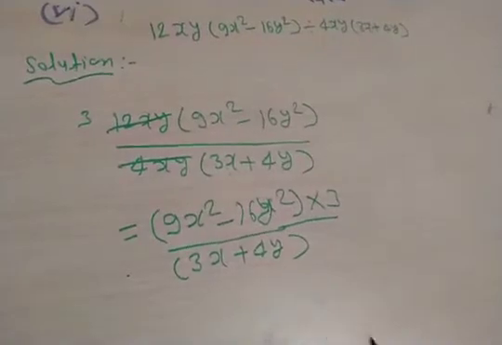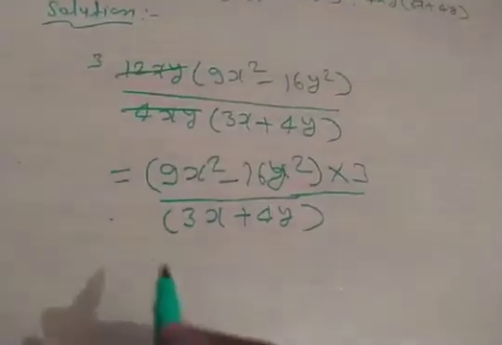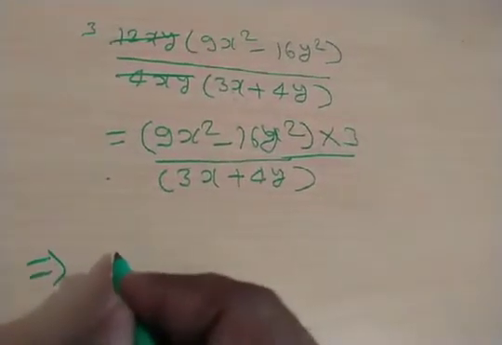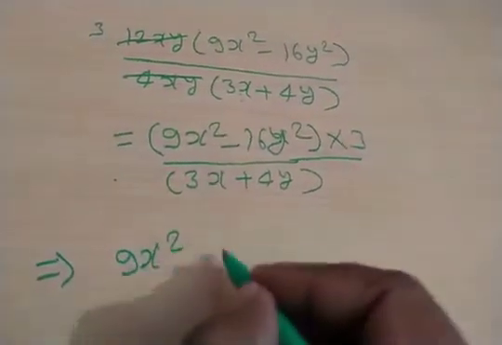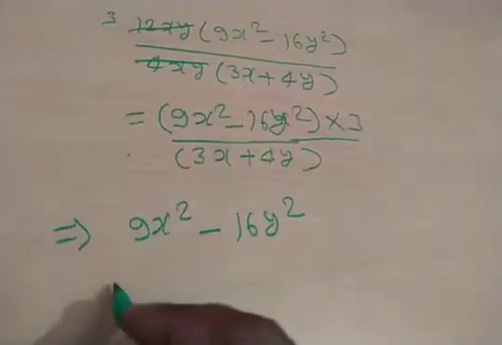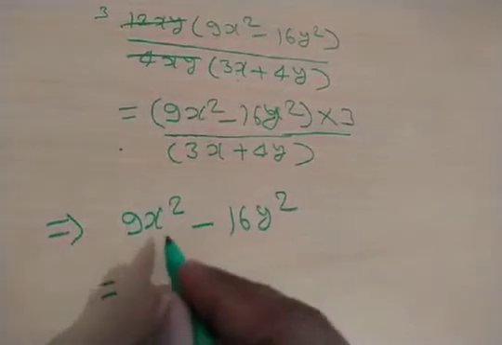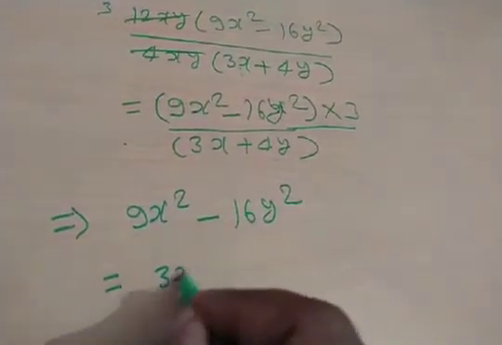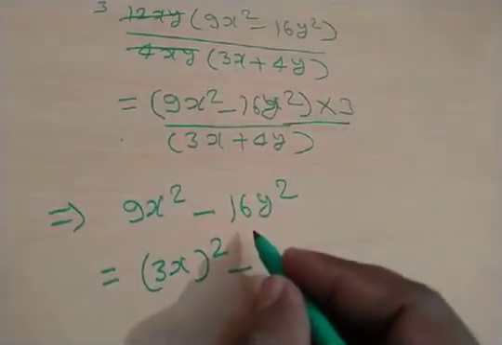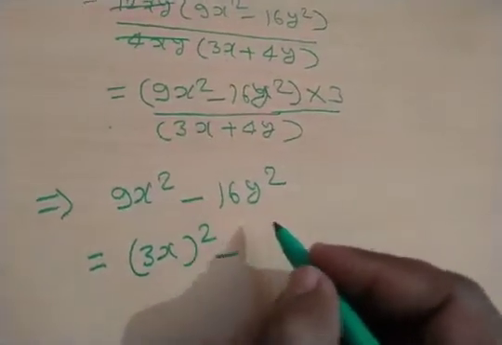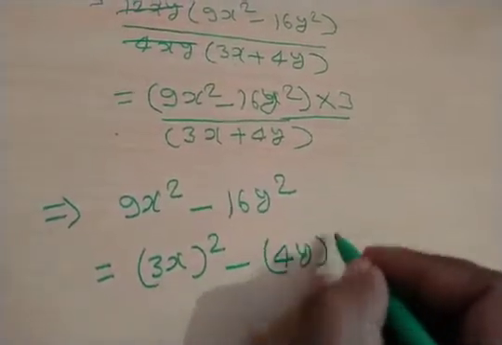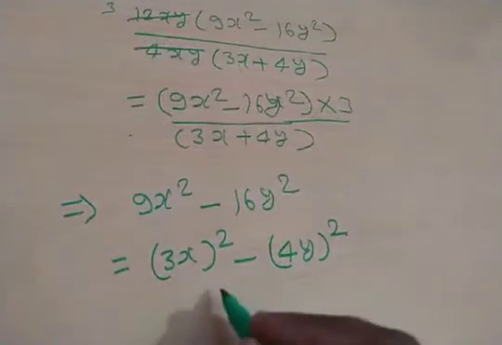Okay. So student, we can take here 9x square minus 16y square. So you can write 9x square means whole square of 3x, and 16y square means square of 4y. Clear?